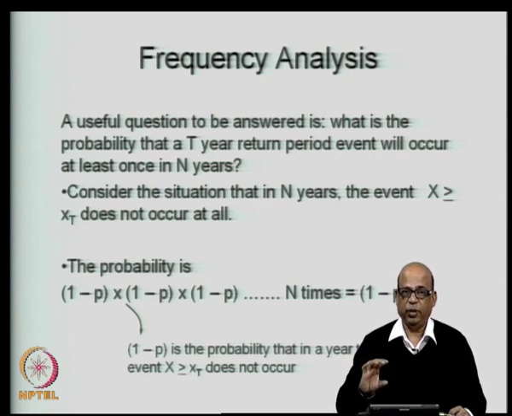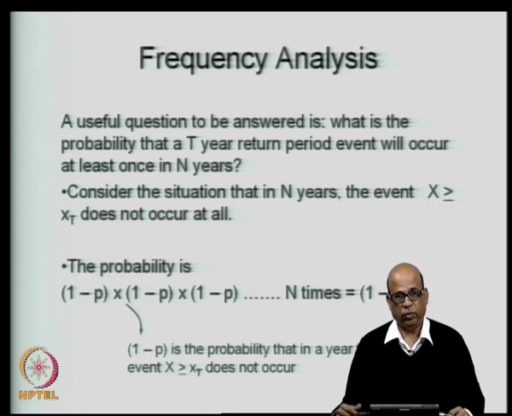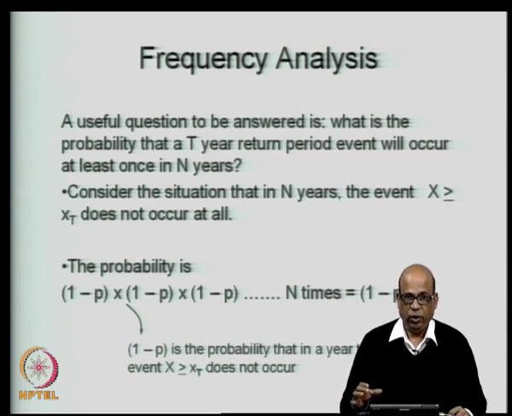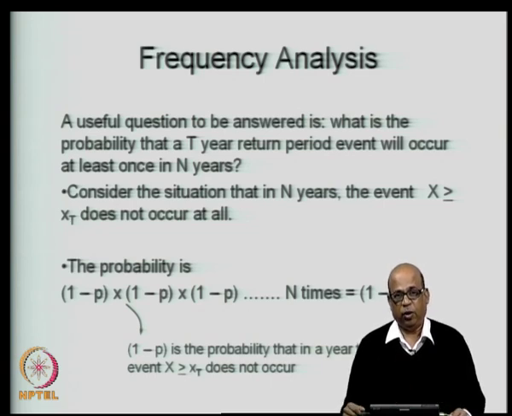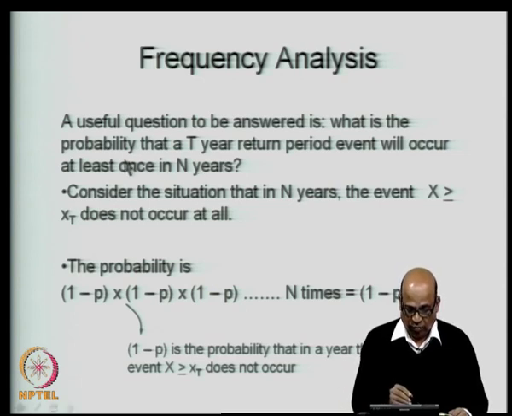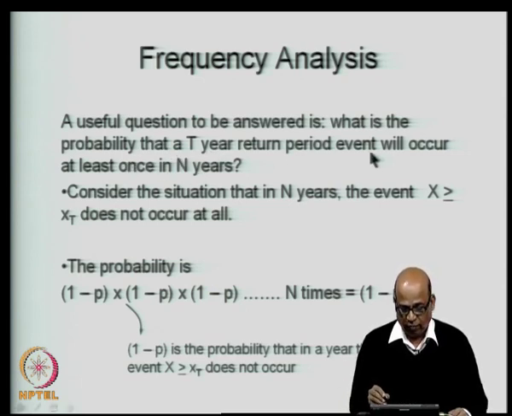Spillway discharge capacity may be a 100-year flood capacity, but the structure itself may have been designed to withstand the forces caused by a 1000-year flood, the dynamic forces and so on. And therefore, you will be interested in answering the question, what is the probability that a 1000-year flood event will occur in the span of the 100-year lifetime of the reservoir, and therefore, this question is relevant. What is the probability that a T-year return period event will occur at least once in n years?